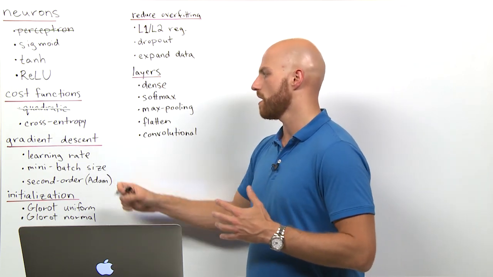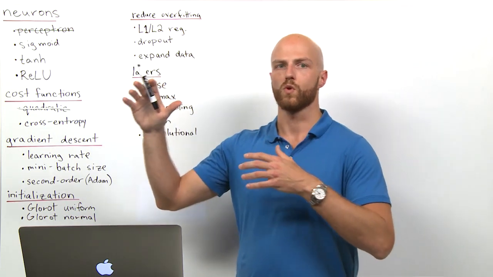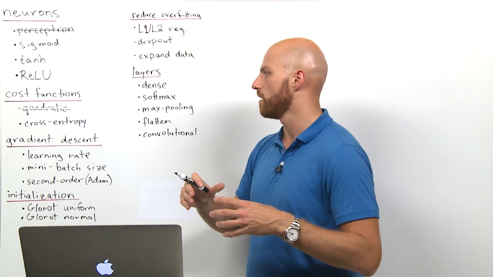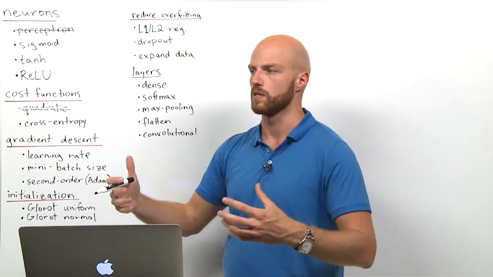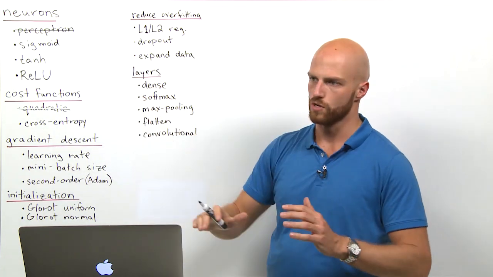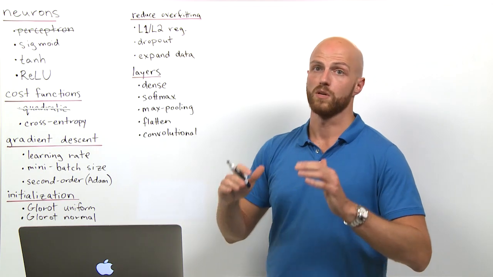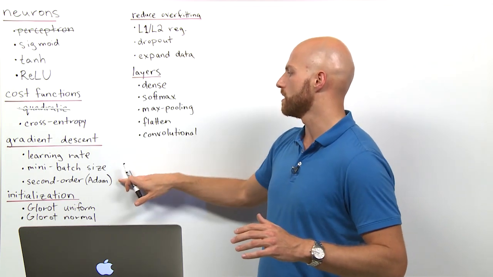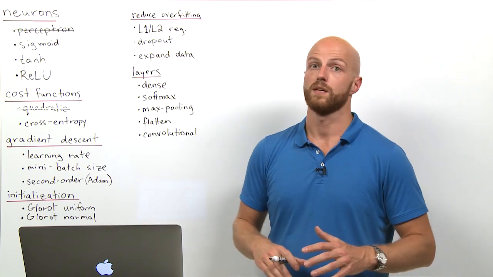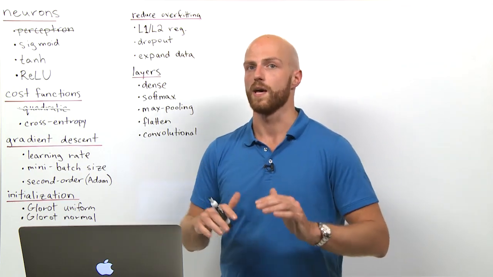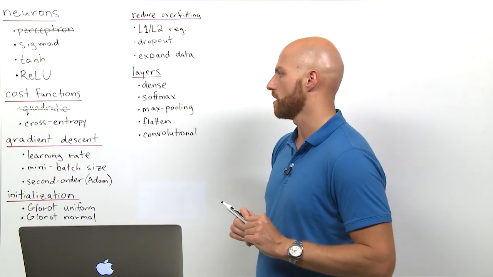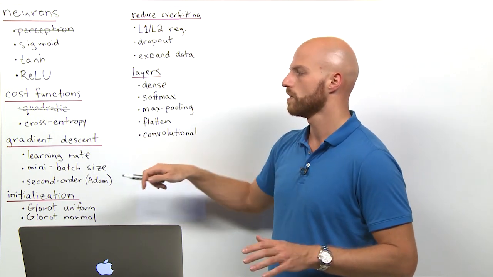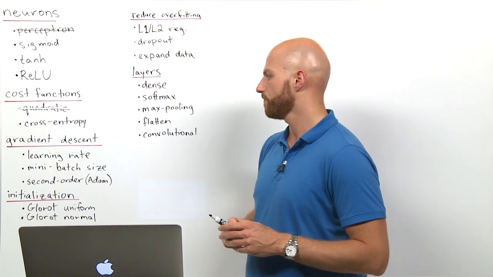And the advantage of them is that they learn quickly when there's a lot of learning to happen, particularly in the beginning. And then as we converge on the optimal global minimum or a local minimum somewhere, the second order gradient descent optimizers will slow down and narrow in on that perfect spot. So it means that we don't need to worry about setting our learning rate too much manually ourselves.